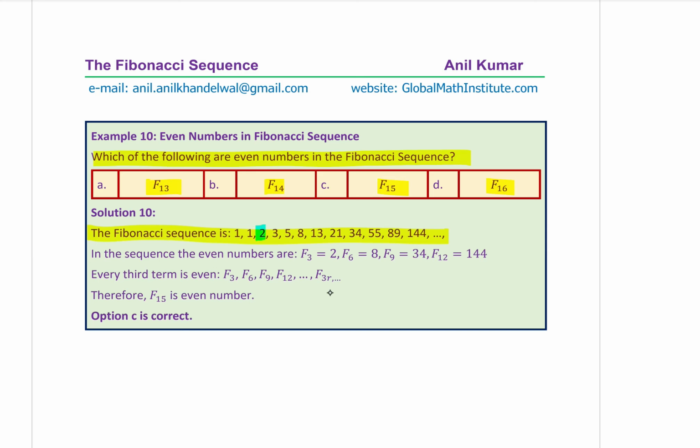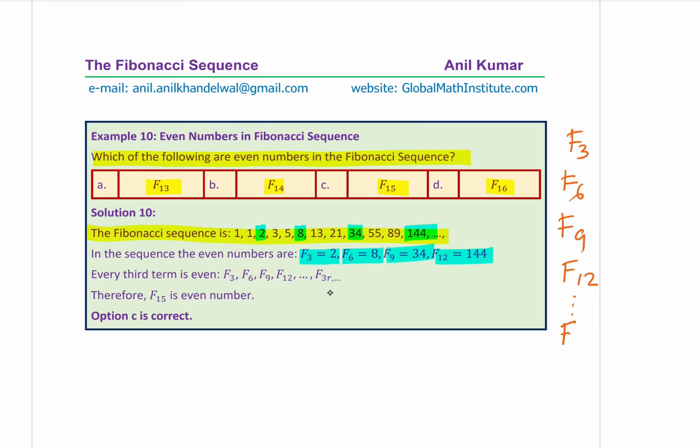Well, 2 is even, 8 is even, 34 is even, and 144 is also even. You will notice, what is 2? Actually, F3 is 2, right? And F6 is 8, F9 is 34, F12 is 144. So the even numbers are F3, F6, F9, and F12.